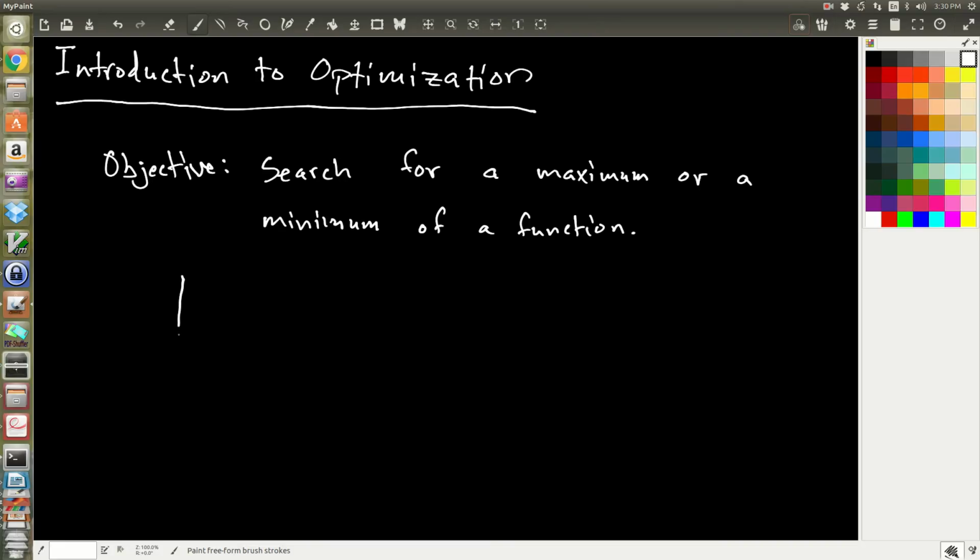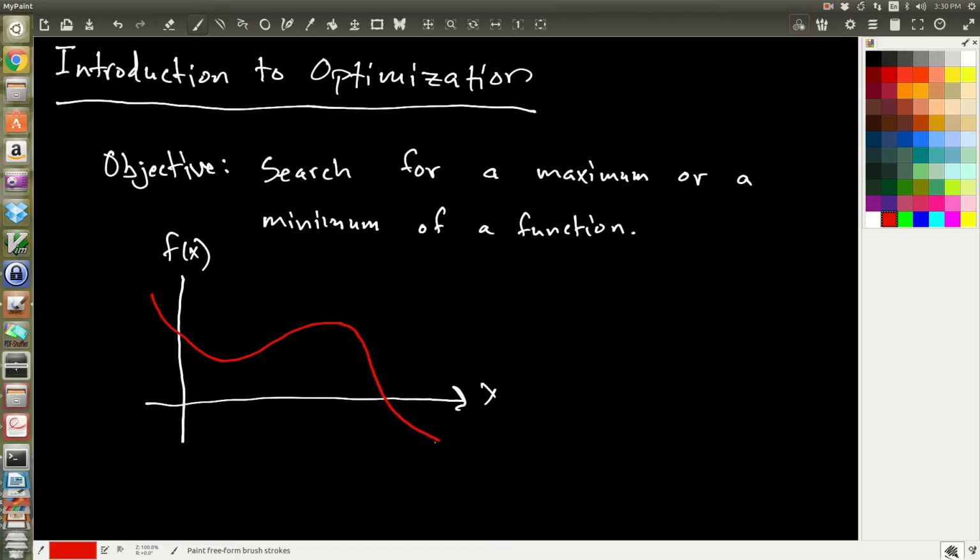So we can think of it as if we have some one-dimensional function, say it's a function of x, and this function might have something that looks like this. And we would say that this function has a local minimum here and a local maximum here. And so this is a max and this is a min.